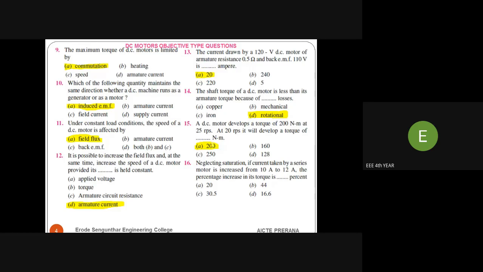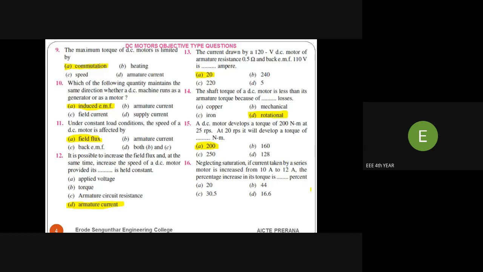Okay. The next question, number 16. Neglecting saturation, if current taken by a series motor is increased from 10 ampere to 12 ampere, the percentage increase in its torque is dash percentage.